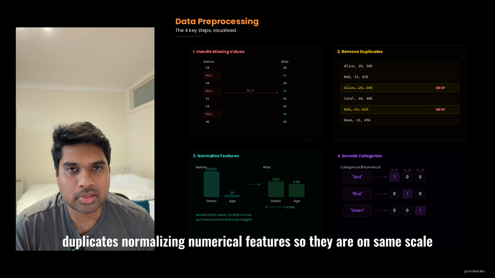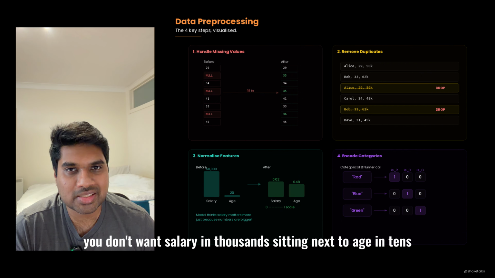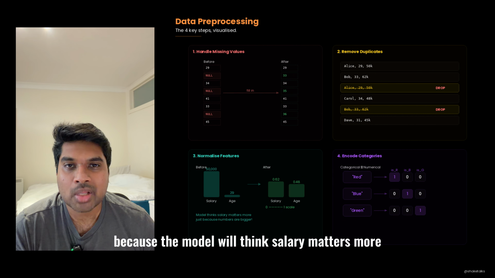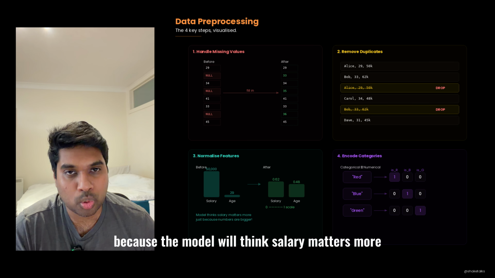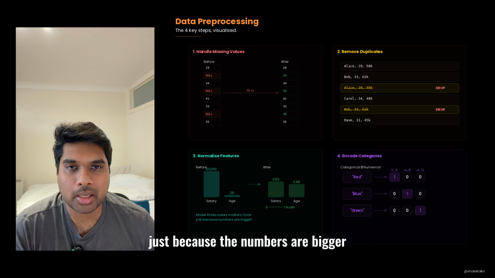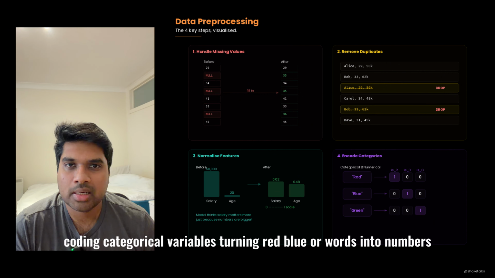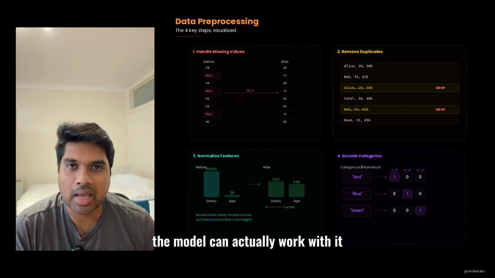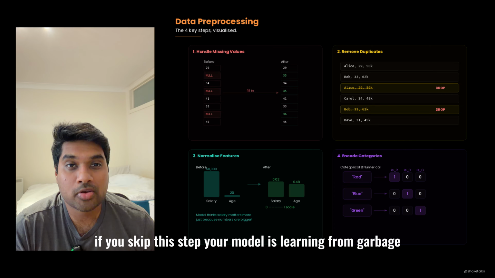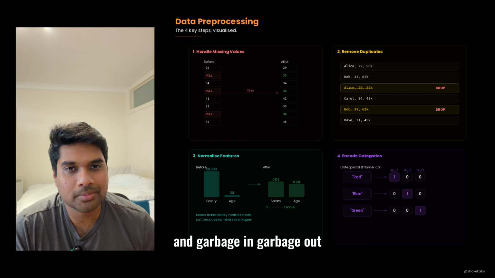Normalize numerical features so they are on the same scale. You don't want salary in thousands sitting next to age in tens, because the model will think salary matters more just because the numbers are bigger. Encode categorical variables, turning red, blue or words into numbers the model can actually work with. If you skip this step, your model is learning from garbage, and garbage in, garbage out.